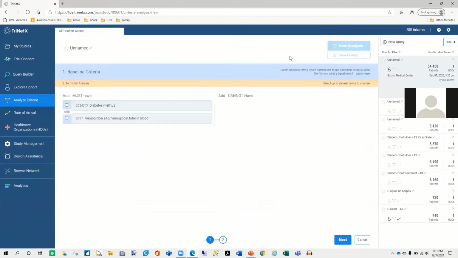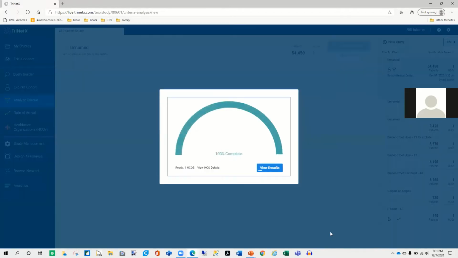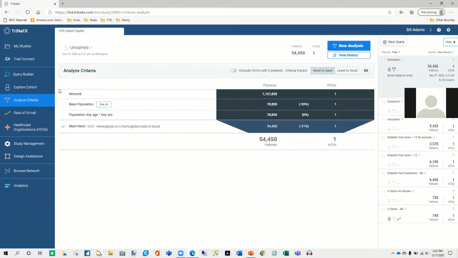And then if you go into analyze criteria, and I'm just keeping this really simple so that we can be quick about it, it says in our whole BMC network, we have over 1 million patients. 78,000 of them meet criteria for the base population, which has diabetes. 54,000 have an A1C, and then if we had abnormal, it would funnel down.